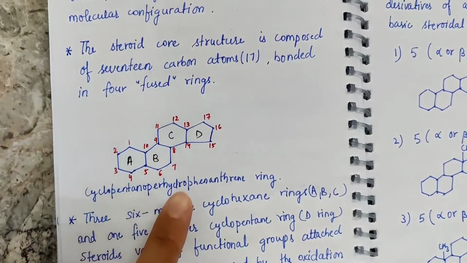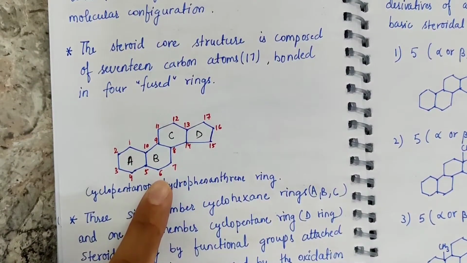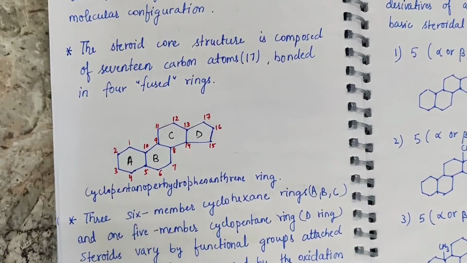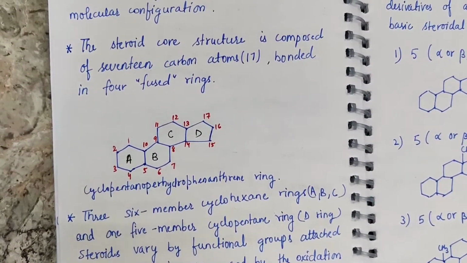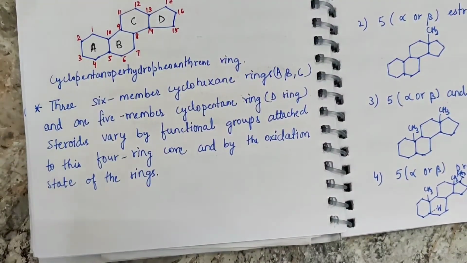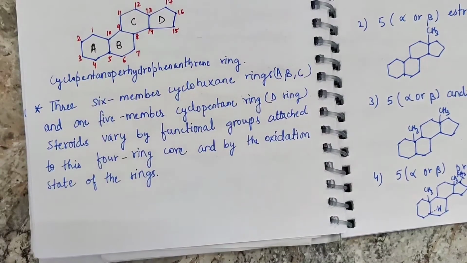So this is the name of the parent structure of the steroid. There are three 6-membered cyclohexane rings A, B, C, and one 5-membered cyclopentane ring D.